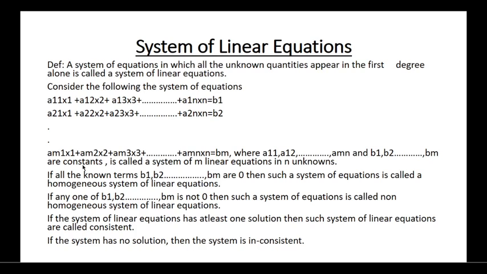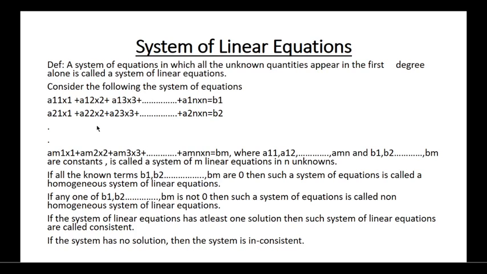So this collection of equations we call a system of m linear equations in n unknowns, x1, x2, x3 and so on, xn. All these unknowns have degree 1. That's why this collection of equations we call a system of linear equations.